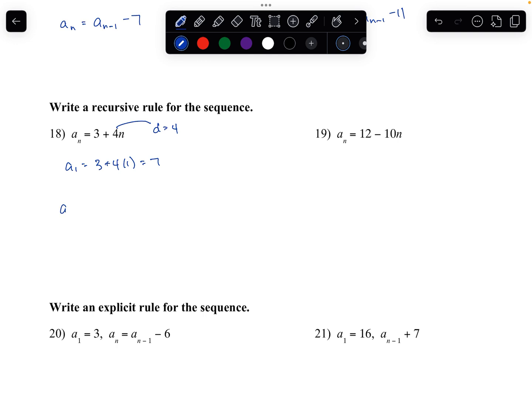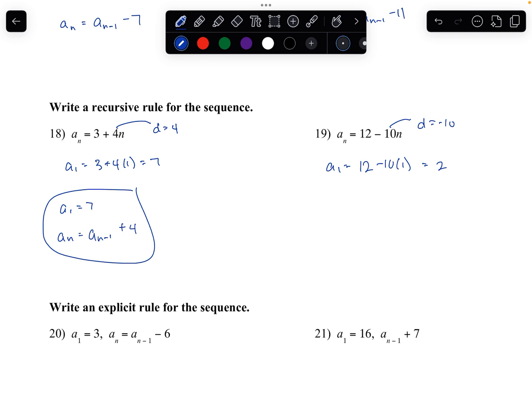So I'm going to say a sub 1 is equal to 7, and a sub n is equal to a sub n minus 1 plus 4. There's my recursive rule. And you can see here that the common difference is negative 10. A sub 1 is going to be equal to 12 minus 10 times 1, which is equal to 2. So a sub 1 is equal to 2, and a sub n is equal to a sub n minus 1 minus 10.